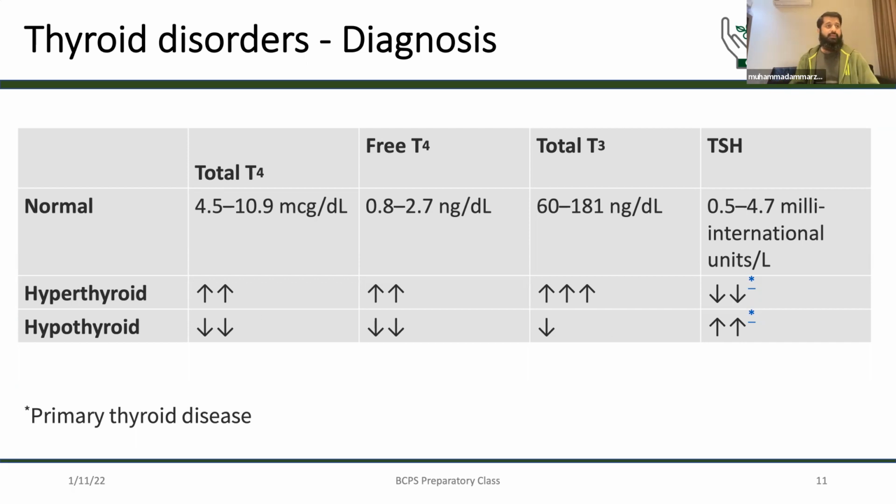In that case, both T3, T4 levels and TSH levels would be raised. So that's why we have put an asterisk here. That means that we are only talking about primary thyroid disorder. This situation would only be present in primary hyperthyroid or primary hypothyroid diseases.